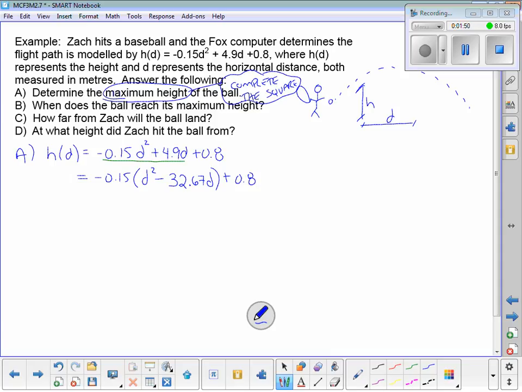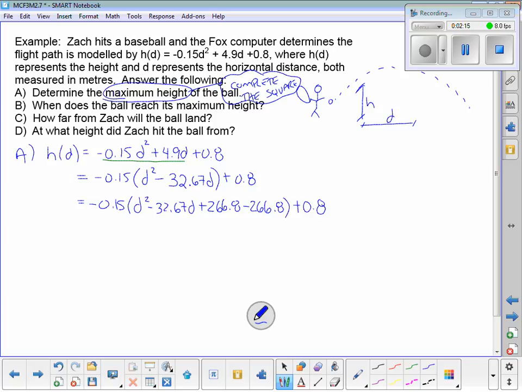Next, we complete the square inside. So it'll be D squared minus 32.67 D. Divide that by 2, and we square it. I get 266, so plus 266. Let's call it 0.8. So I have to subtract that.